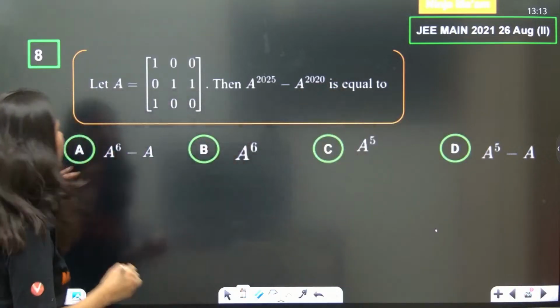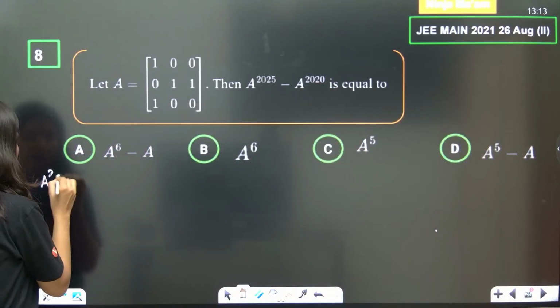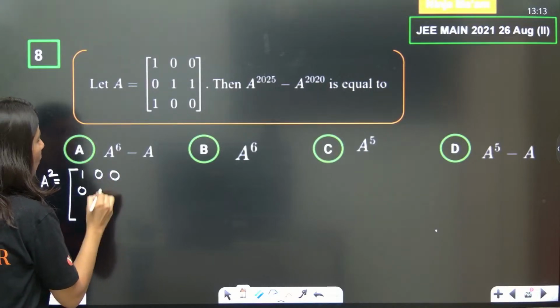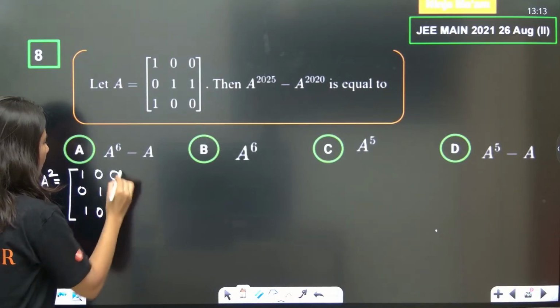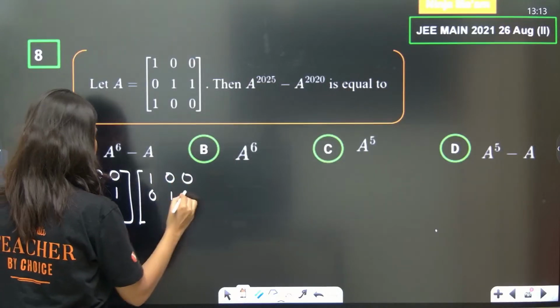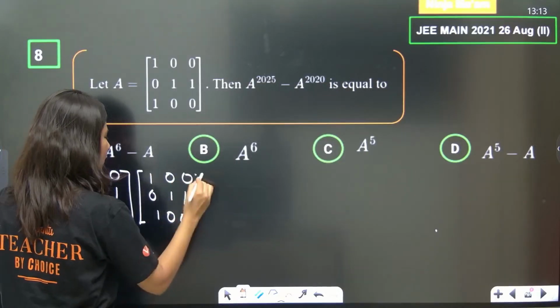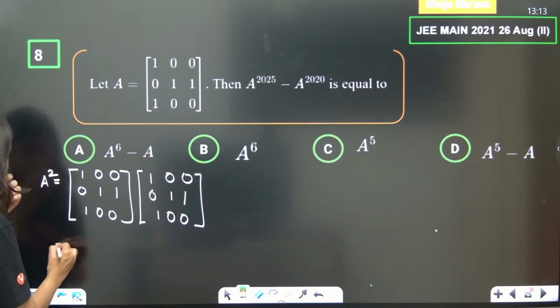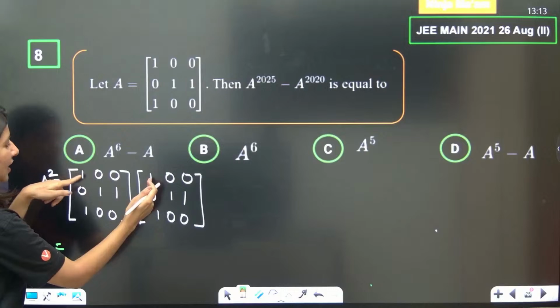A is given to you, a square: 1 0 0, 0 1 1, 1 0 0. Then we are having 1 0 0, 0 1 1, 1 0 0. Okay, all right, a square. So a square is this 1, that's it.